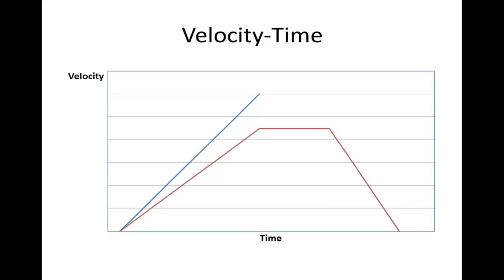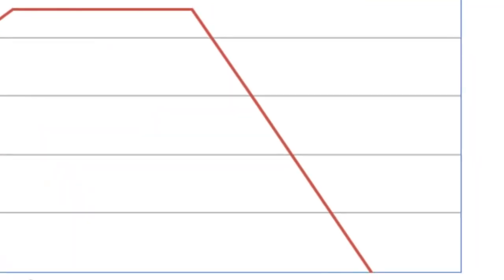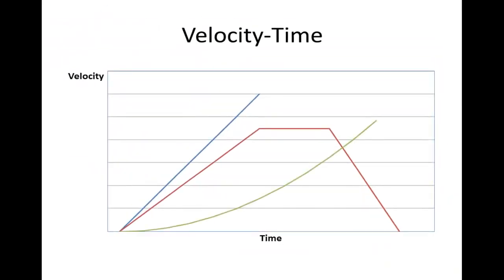In this next case, what we have is a moving body whose velocity increases, again at a constant rate, but at a rate which is lower than the previous example. And then the velocity becomes constant, and then the velocity decreases again at a constant rate. However, in real life situations, the velocity is always increasing or decreasing at varying rates.